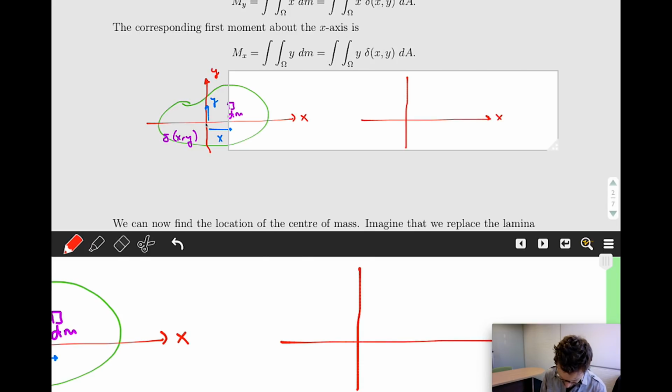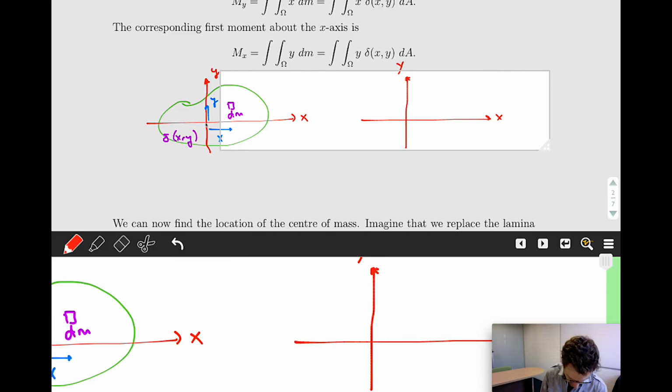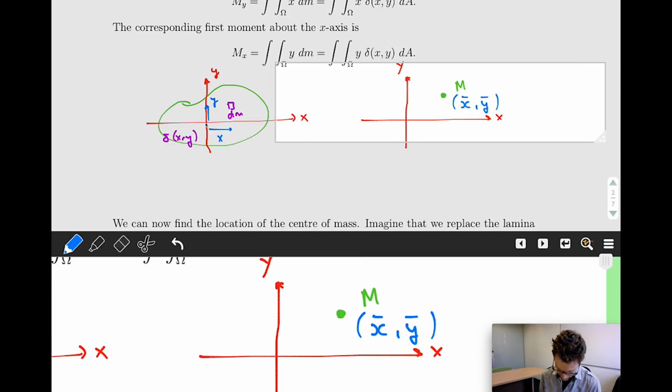Again, here's my x and my y axis. I'm replacing this complicated object with a single mass. Let's call it big M, the total mass of my object. And it's at coordinates we're going to call x bar and y bar. Those are the center of mass coordinates.